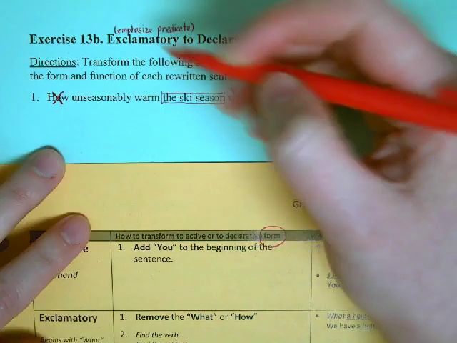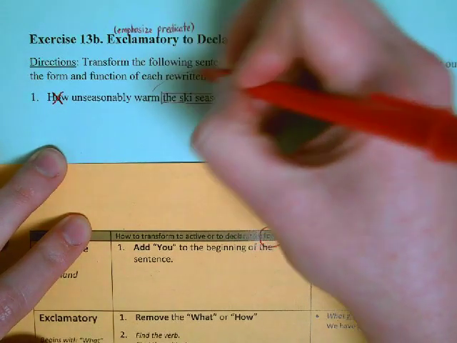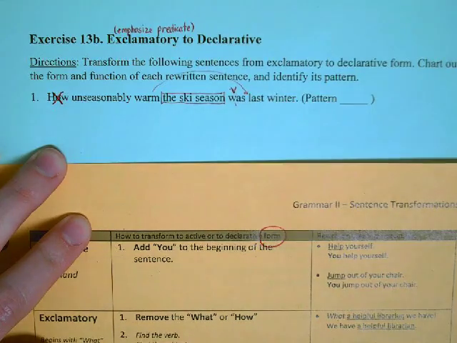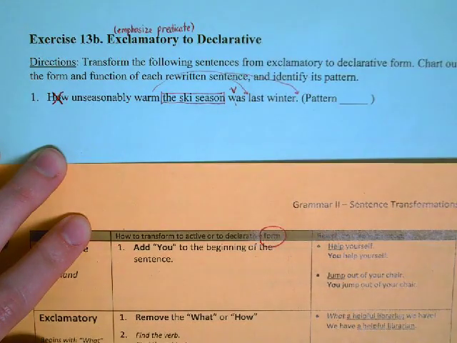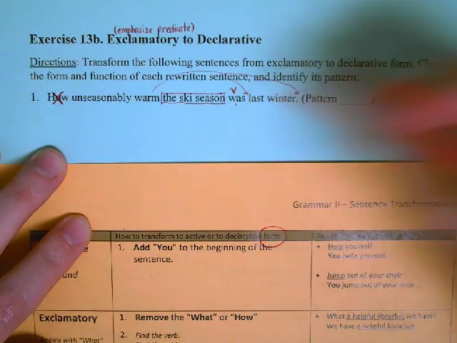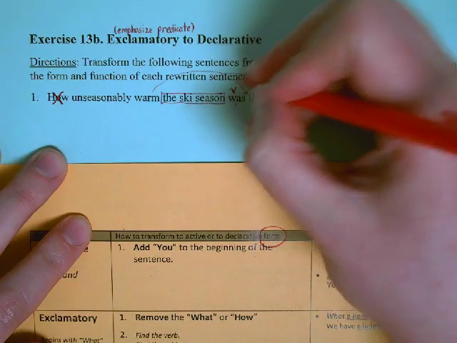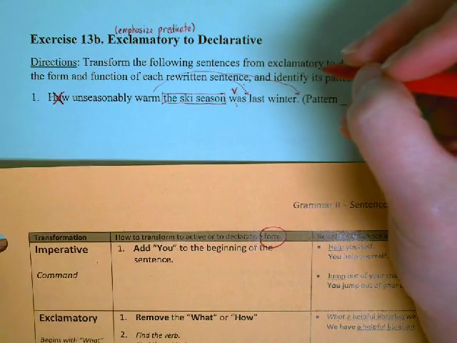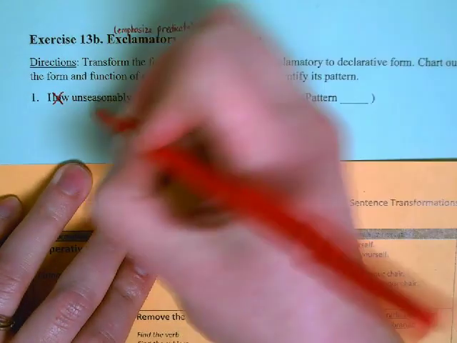Okay, so unseasonably warm is going to get moved back, and it can go either here, right after the verb, the ski season was unseasonably warm last winter, or it could go after: the ski season was last winter unseasonably warm. I feel like if you were to do that, you might want to sort of separate this with a comma. So since we don't have that and we don't want to worry about that, I would say the best place to put it is here, but either would technically be okay. Okay? All right, so you rewrite the sentence. So the ski season was unseasonably warm last winter.